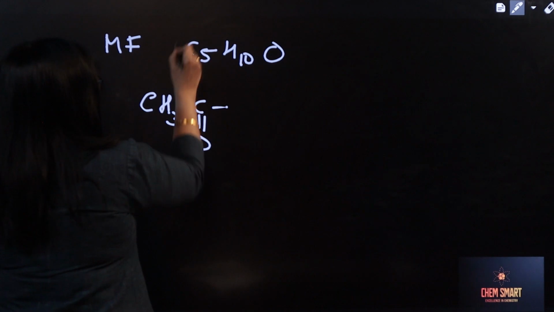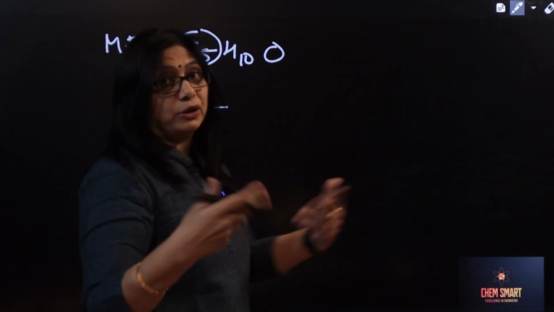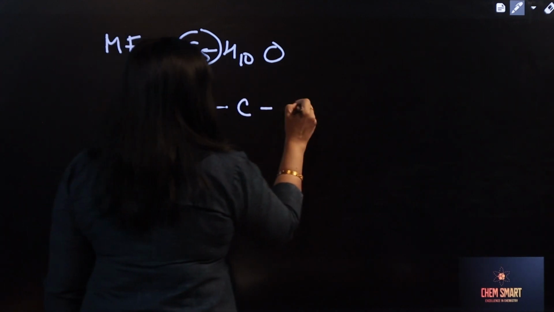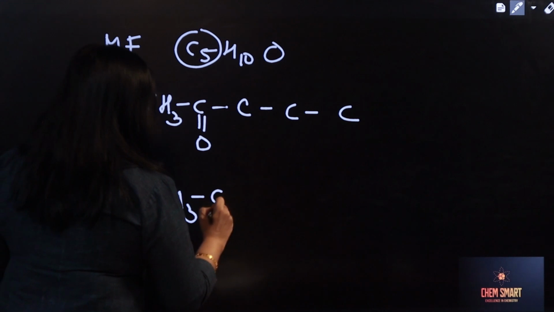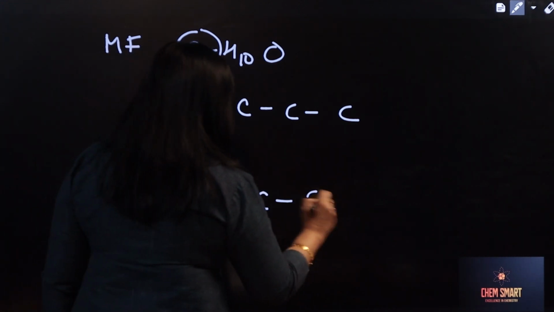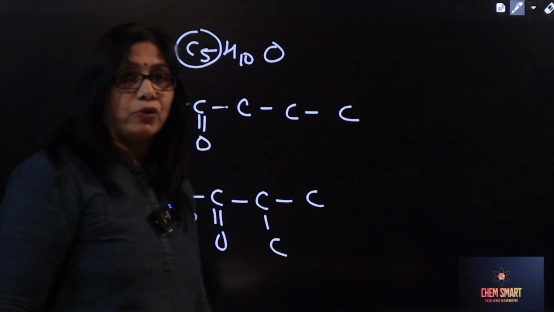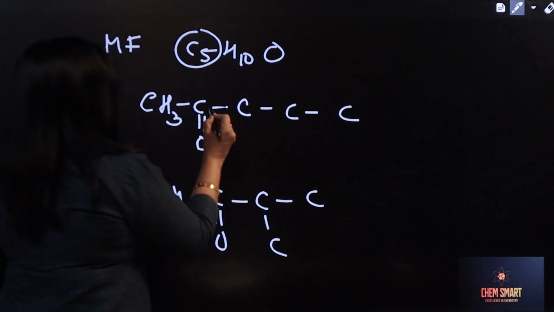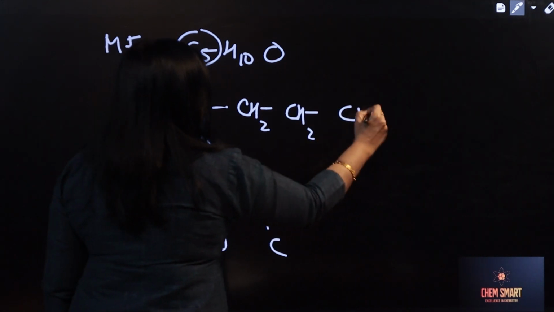Now, out of 5 carbons, we accommodated 2. Remaining 3 are there. So we can arrange them in 2 patterns. One is to arrange them straight. The next one is to arrange them in branched format. Both will give you the same molecular formula. Here it is 2 plus 2, 4. 1 plus 3, 4.